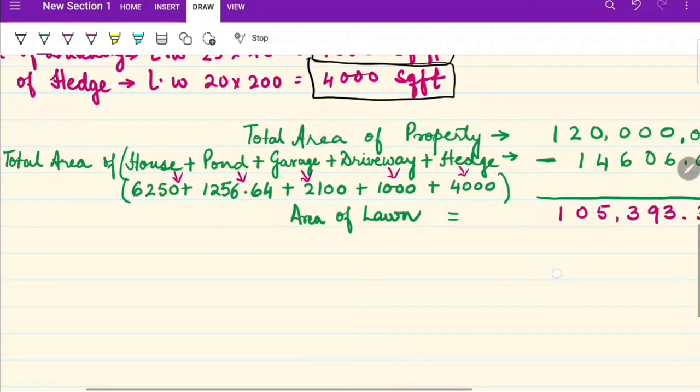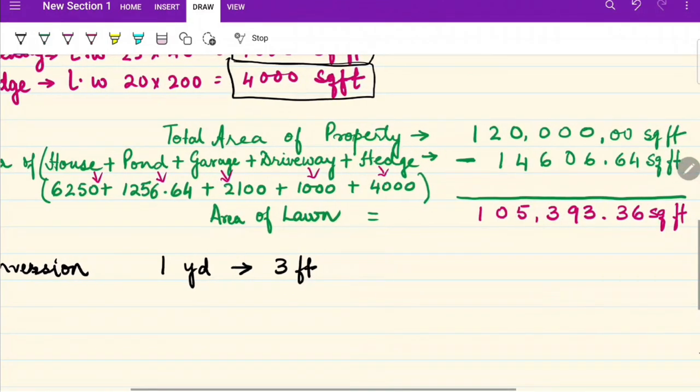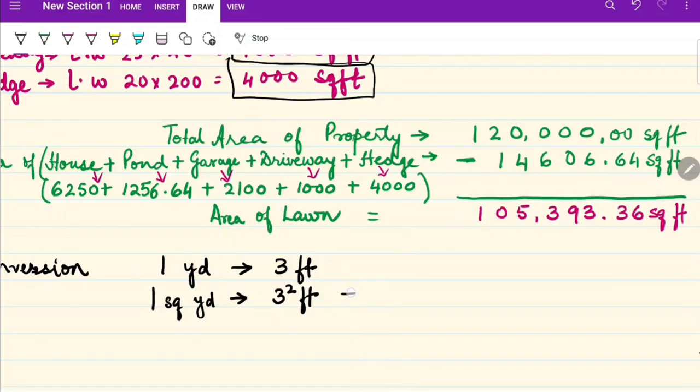So let's look at the process of conversion at this point. So the conversion for feet to yard, it goes like this. 1 yard is equivalent to 3 feet, correct? However, here we are talking about square feet. We are talking about area. So we have to square the amounts here. So 1 square yard is going to be 3 square feet squared, all right, which is going to give us 9 square feet, all right?